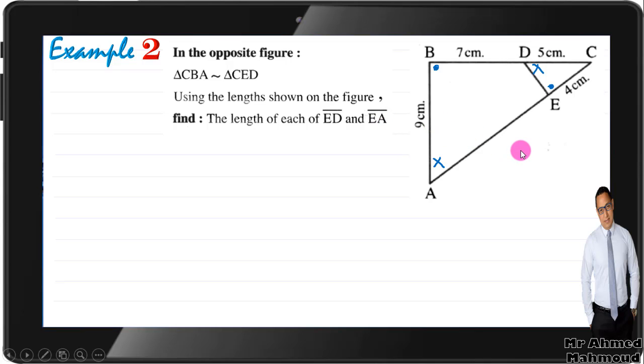It's better to call AE X or Y or any letter.